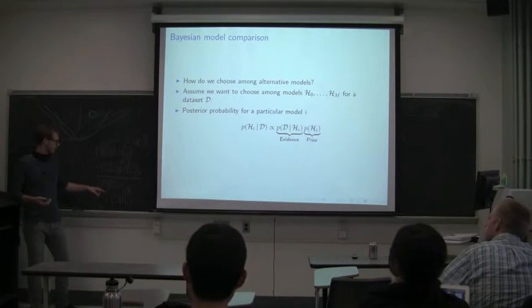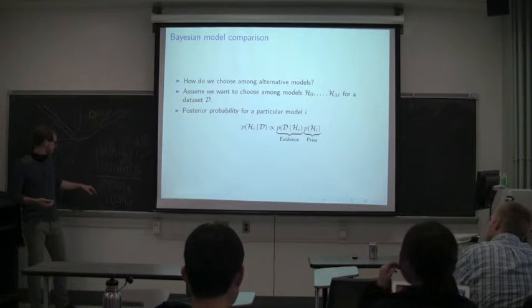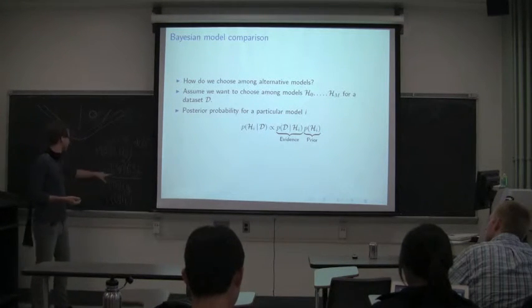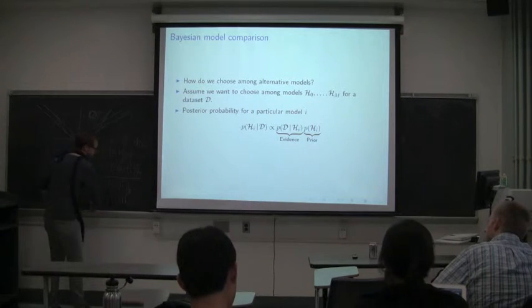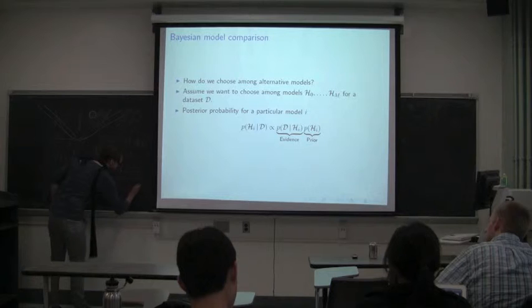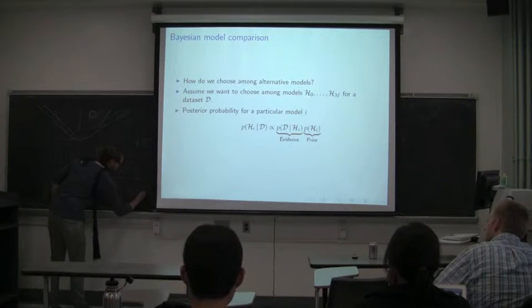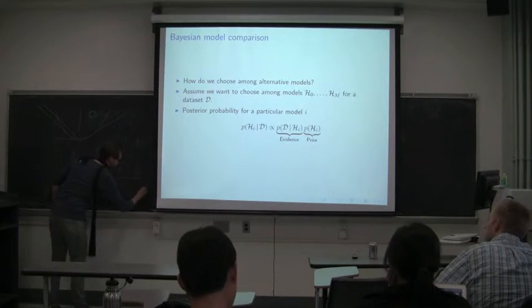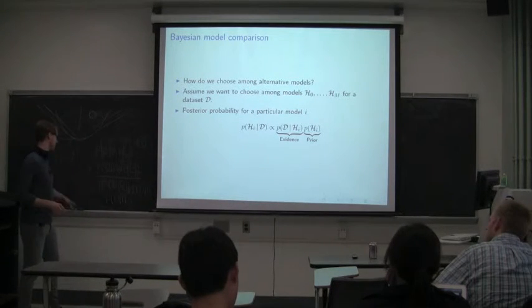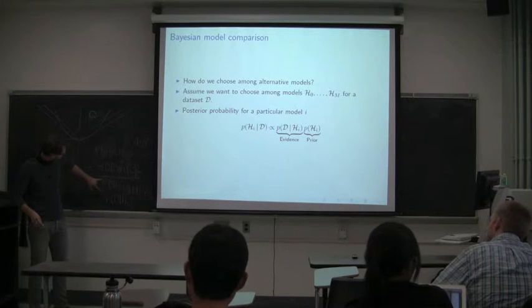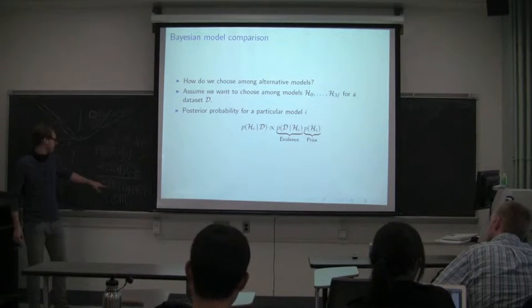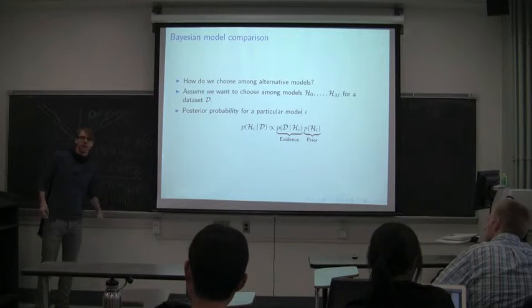It's the likelihood, but marginalizing it over all the parameters, so it's also times P of beta given H0. So it's the integral over the likelihood times the prior. That's the evidence.